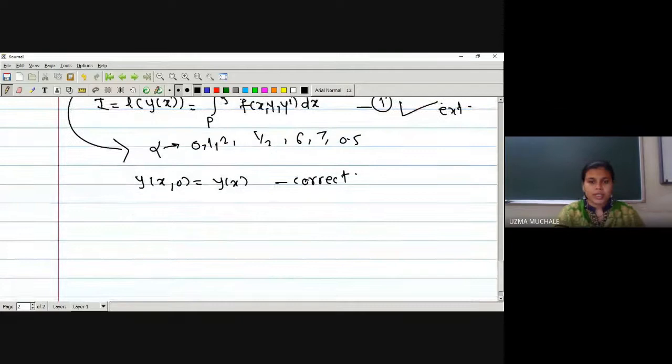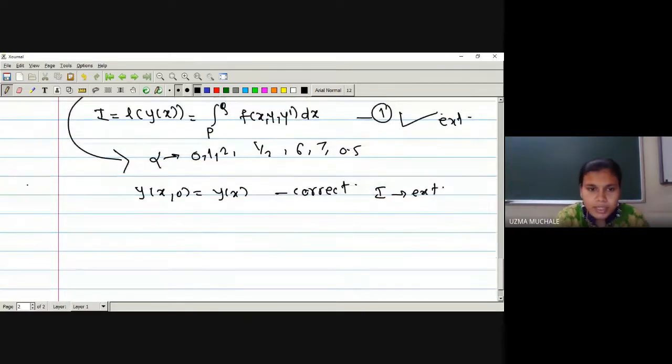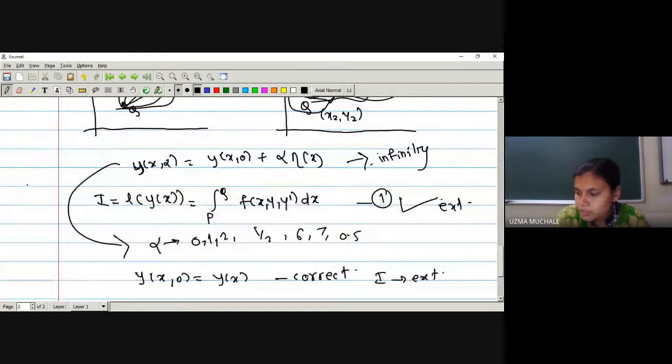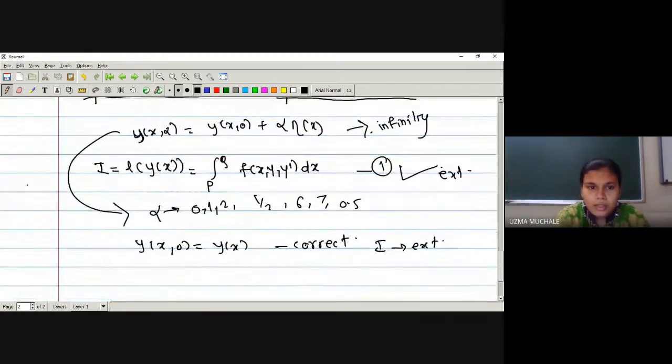So we are going to select the path in such a way that integration I is extremum. Now we have to find the path which is satisfied by y of x. We label all the possible paths, that means y of x alpha is equal to y of x0 plus alpha times eta of x.